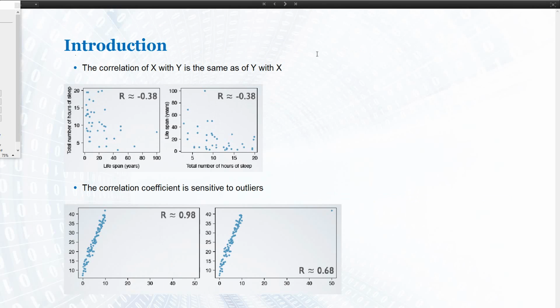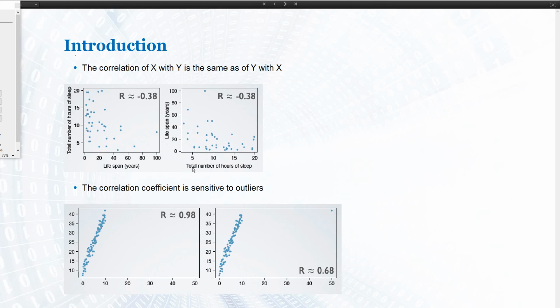Or if you switch the x and y axis, which is a reflection on the diagonal, the correlation remains the same, even though, of course, the plot of data points is switched.